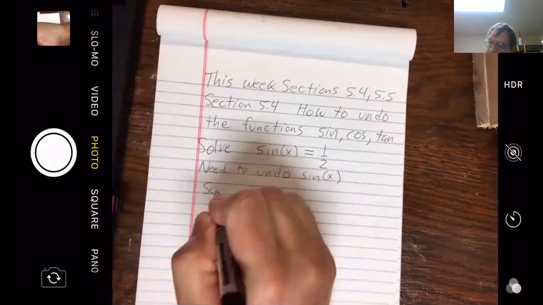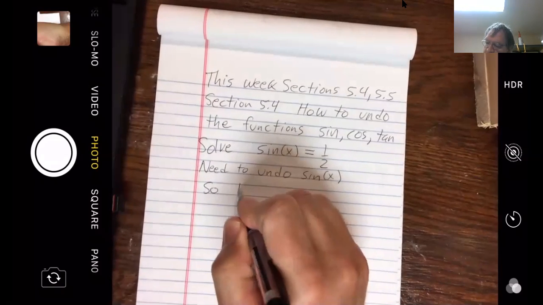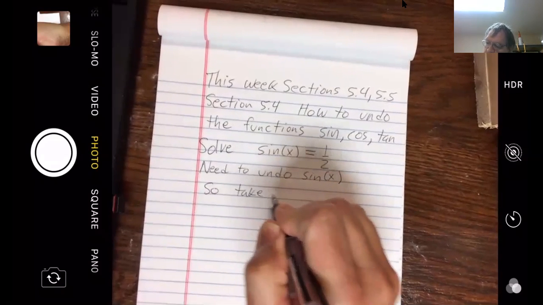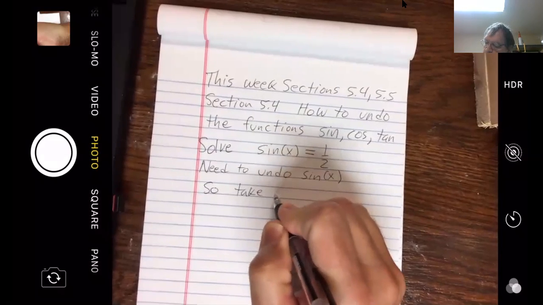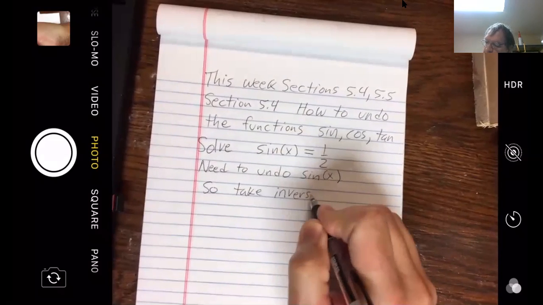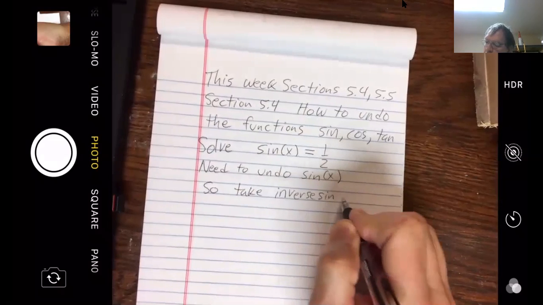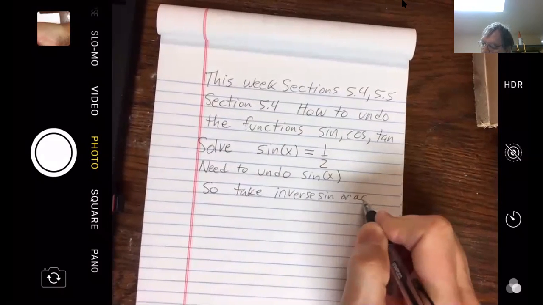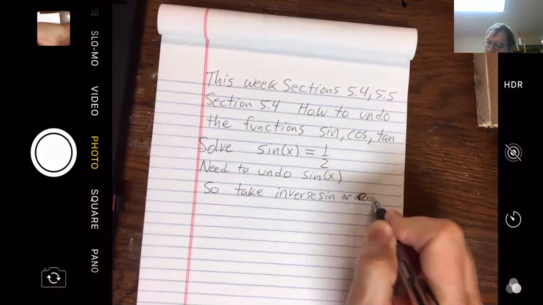So you take, it's called inverse sine, or you'll see the term arc sine on both sides.